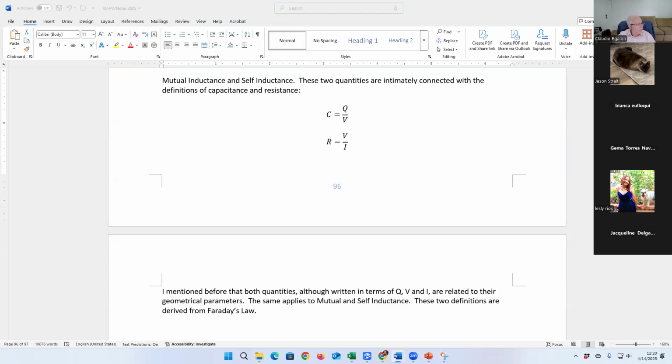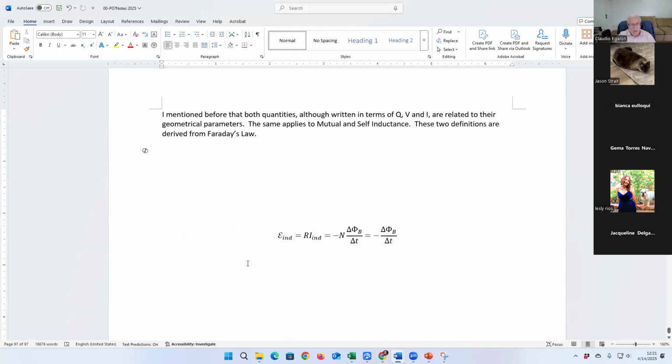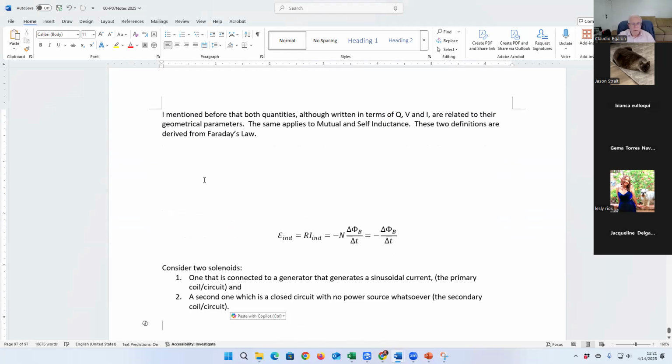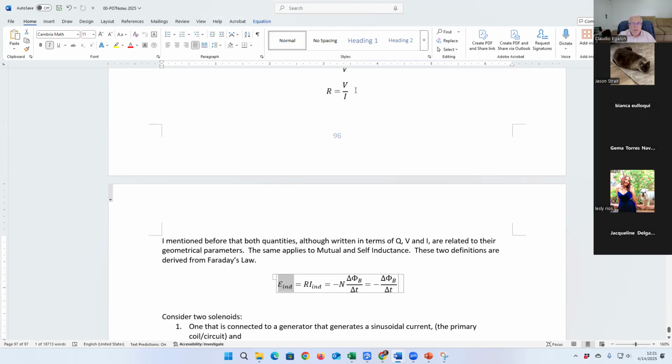In order to understand those two concepts, you have to picture two solenoids in a circuit. Do you see here the electromotive force? The electromotive force is exactly the same as the voltage, even though I put it in a different format.